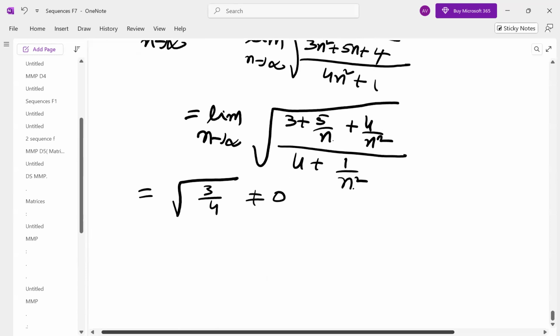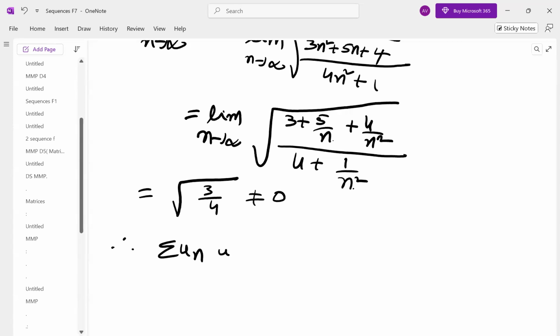Therefore, summation un is not convergent. Can say divergent, positive term series.